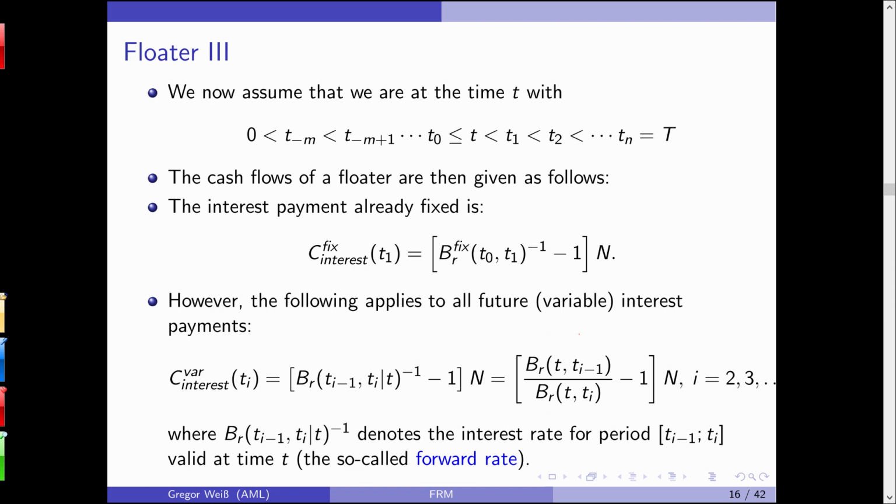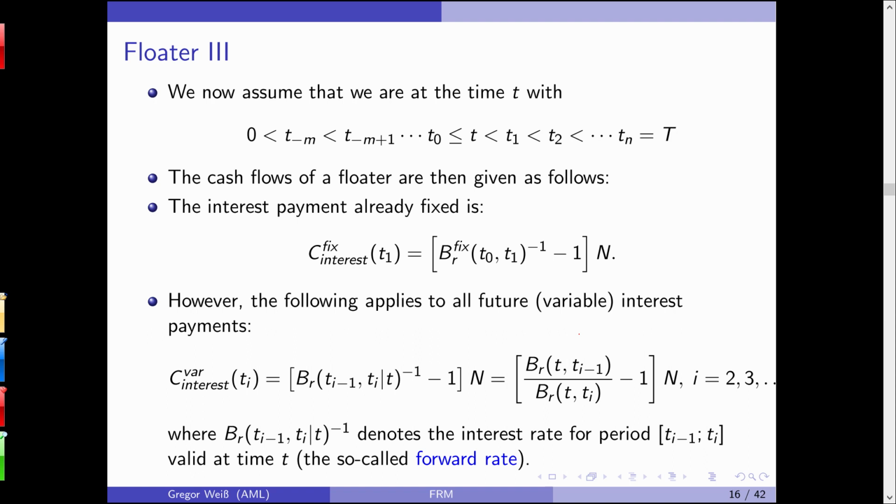In all future periods, we'll have the variable payment. We'll take the notional times the forward rate going from ti-1 until ti, but that has been fixed today, and this is the forward rate.